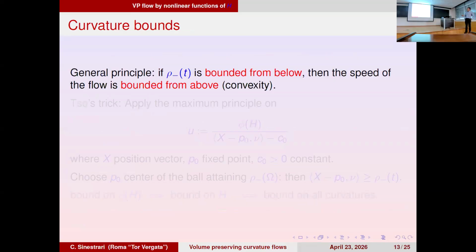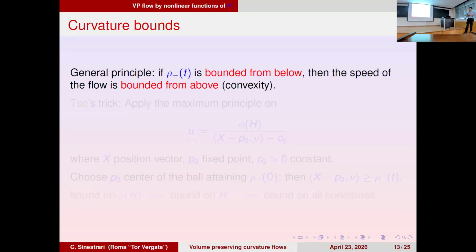We can apply a general principle based on an argument which is sometimes called the Chou trick, because it was first introduced by Kai-Seng Chou in a paper on Gauss curvature flow.